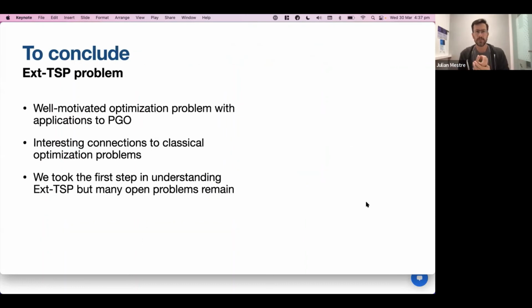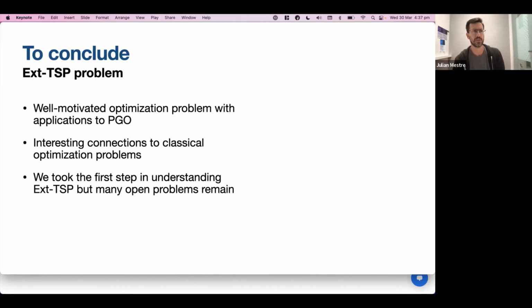So to conclude, let me just recap. Hopefully you can believe me that this is a well-motivated optimization problem. This is not a made-up application. The heuristics for extended TSP are used at Meta, and they're actually freely available in open source projects like LLVM now.